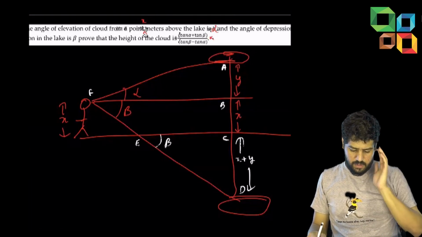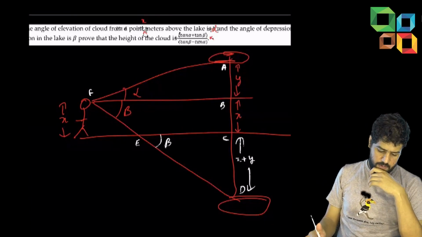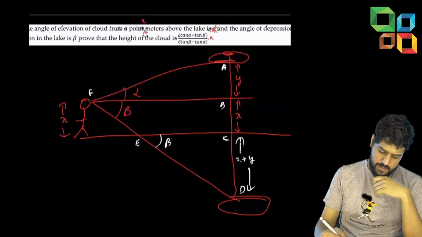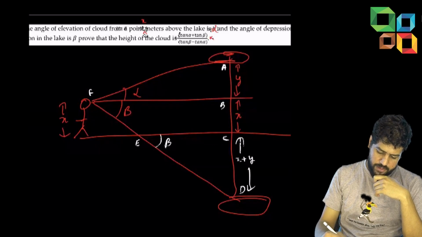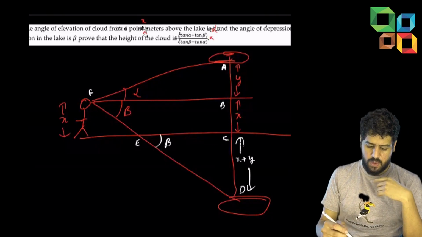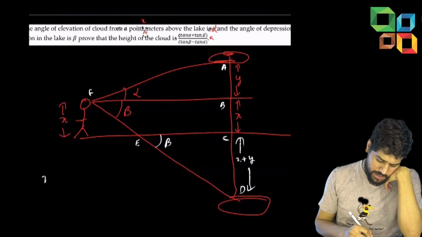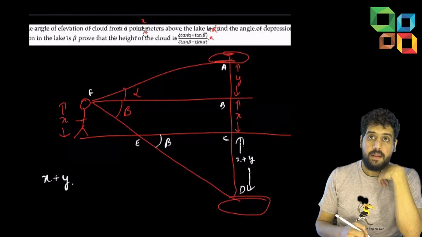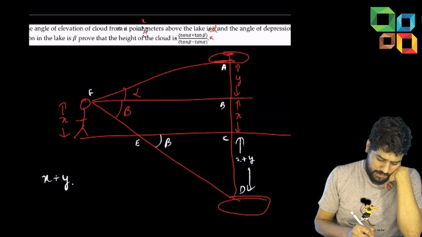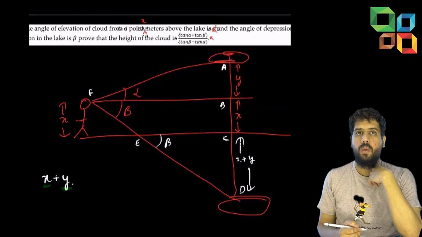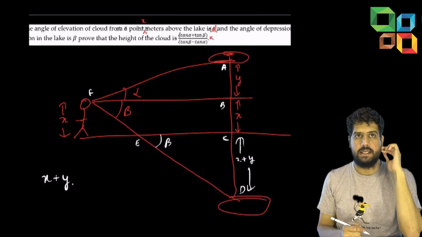Now, what do we need to find? x is given. We need to find y. So the total height of the cloud will be x plus y. x is given, and we need to find y in terms of x and alpha, beta. That is our aim.